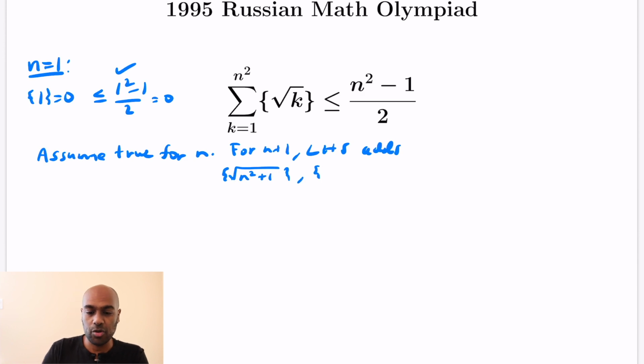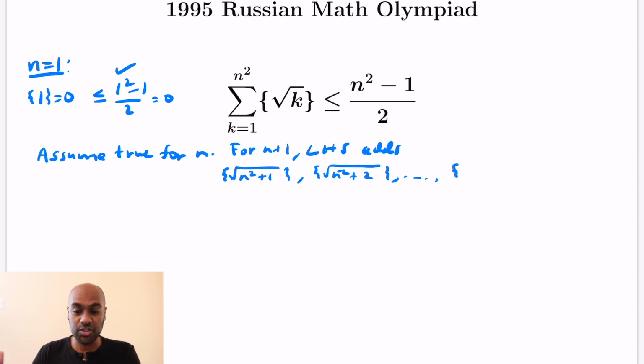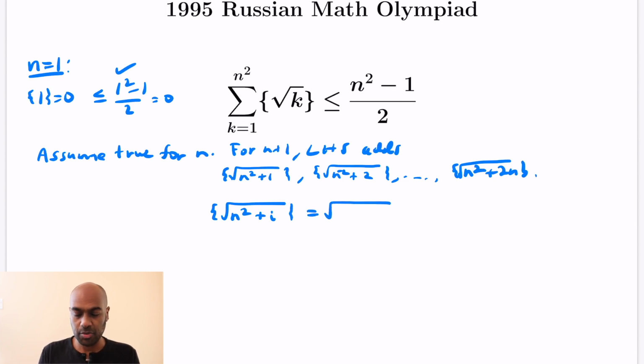They start from the square root of n squared plus 1, and then we'll add in the fractional part of the square root of n squared plus 2, and we go all the way up to the fractional part of the square root of n squared plus 2n plus 1 technically, but we'll stop at the fractional part of the square root of n squared plus 2n, because the fractional part of n squared plus 2n plus 1, that's the quantity n plus 1 all squared, is 0, because that number is n plus 1. We'll see that a little bit later.